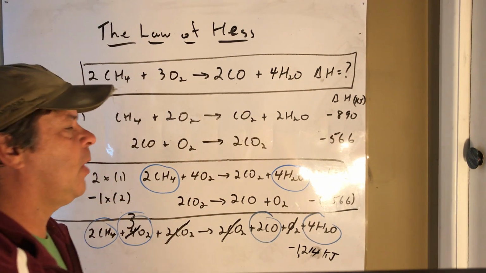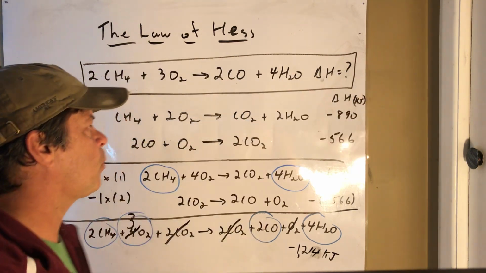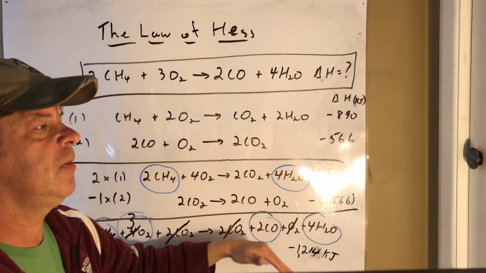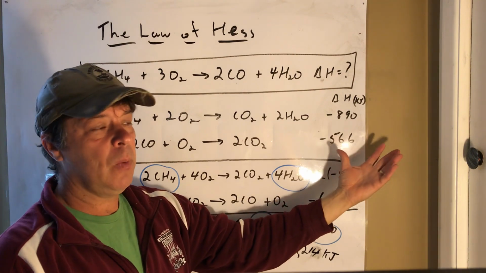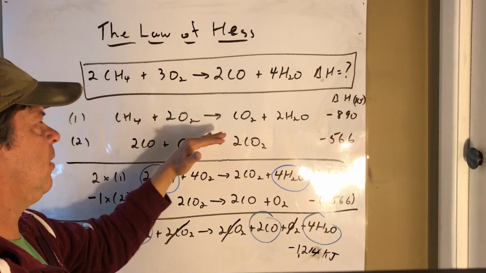Hess's law. Now, so let's kind of review here. We're going to have an equation we don't know the delta H of. We have other equations whose delta H's we know. And we can do various things to these equations.